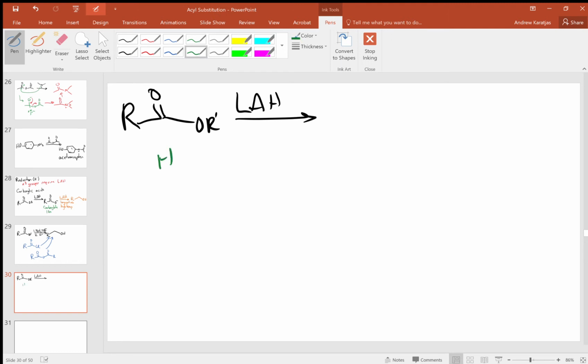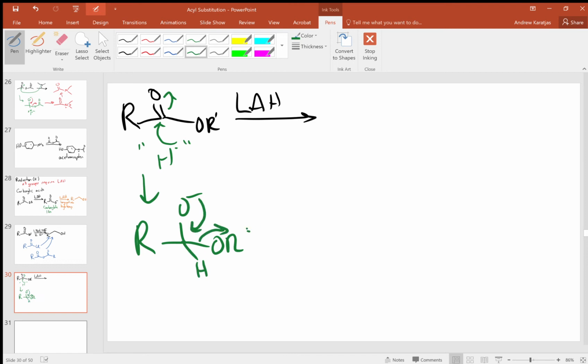And that H minus, we put it in quotes again because it's not a full H minus, but behaves like it, does nucleophilic attack and forms our very familiar looking tetrahedral intermediate. The carbonyl reforms, we kick out the leaving group. However, as a result, this gives us an aldehyde. And aldehydes, we've learned, are more reactive than the ester that we started with.